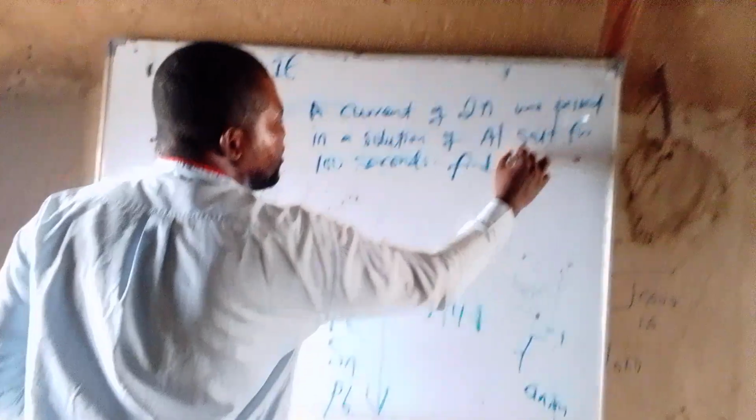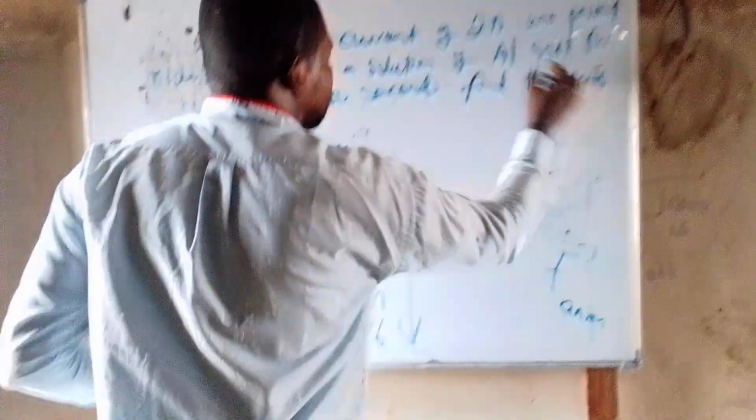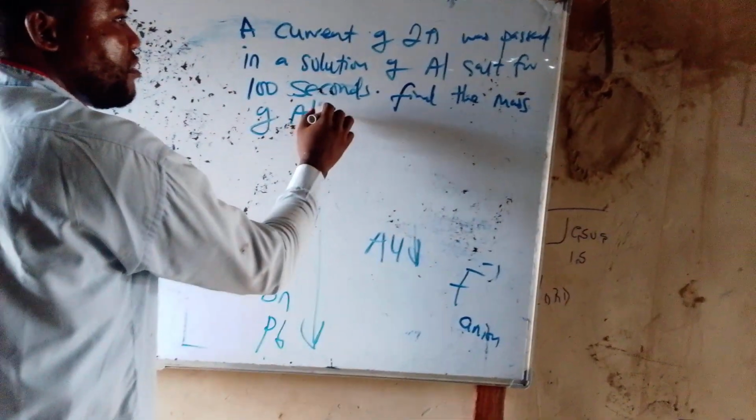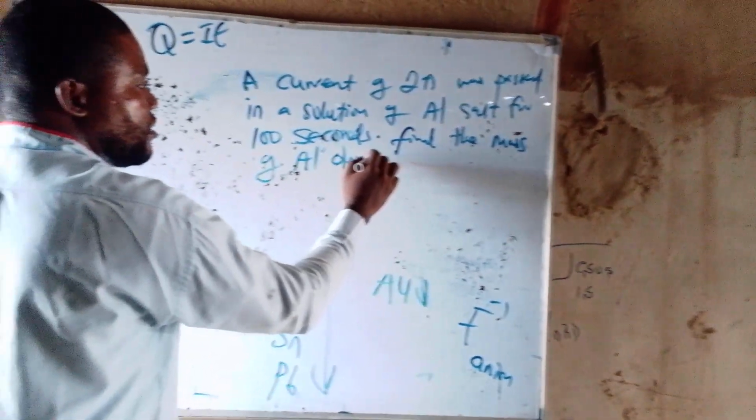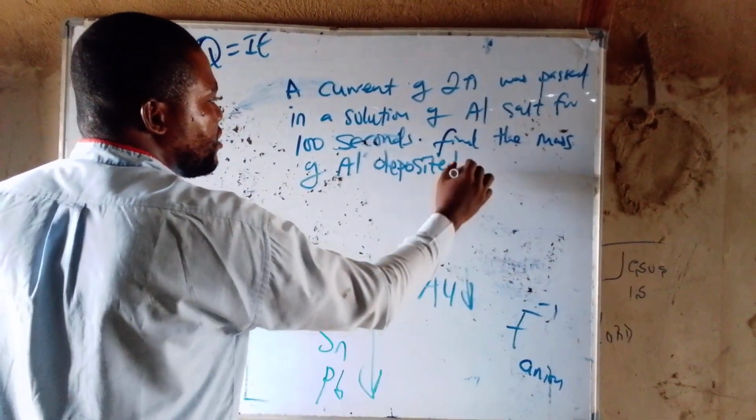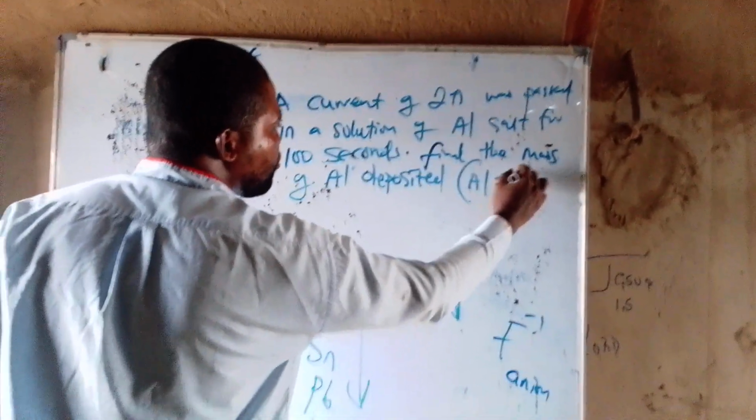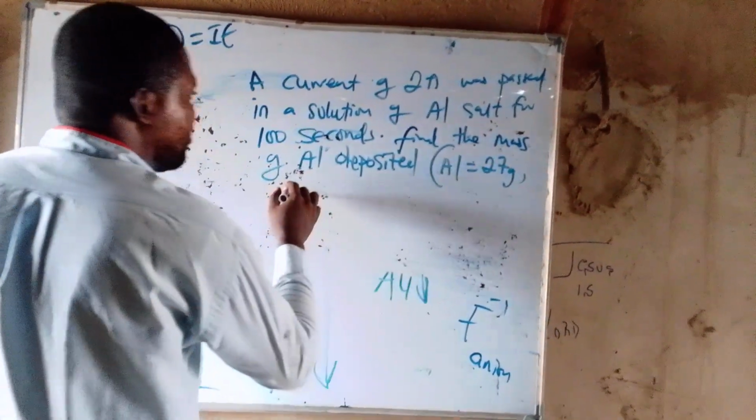Find the mass of aluminium deposited. In bracket, Al is equal to 27 grams.